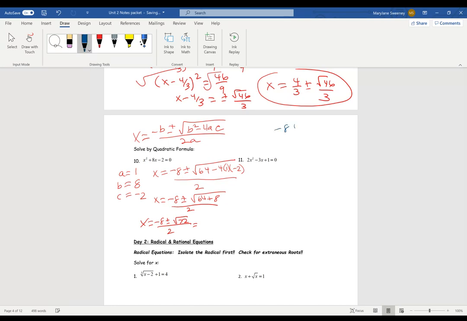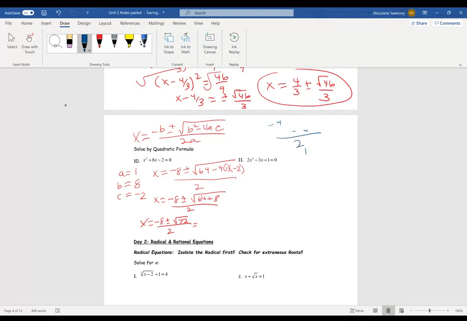I'm going to put this over here. This is incorrect. I see people that try to cancel those and then they break down the radical. No, this negative 8 is divided by 2, but so is the radical 72. So sometimes people just try to slash those out and then break down the radical. That is not correct.